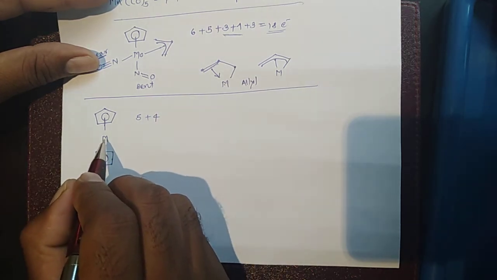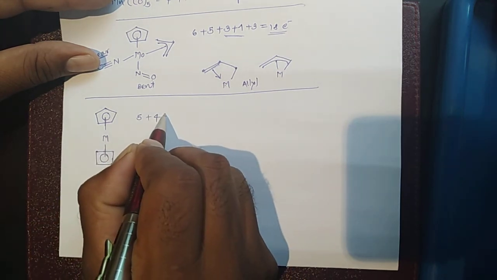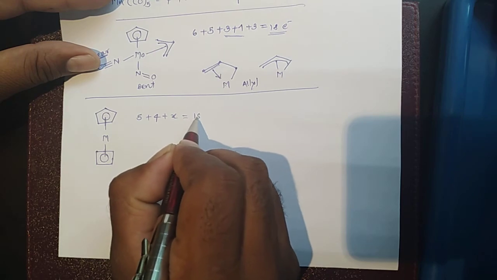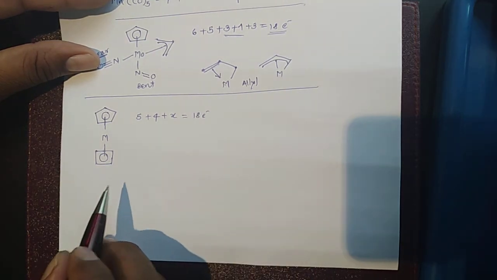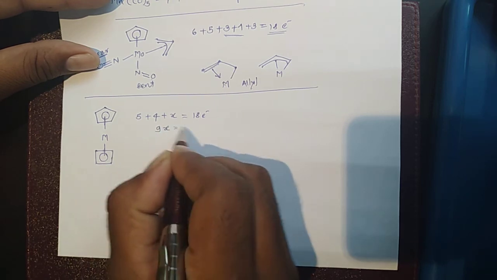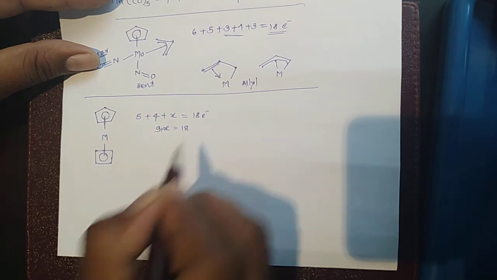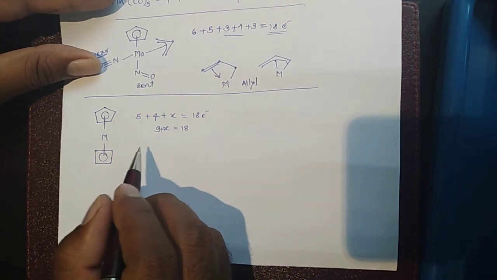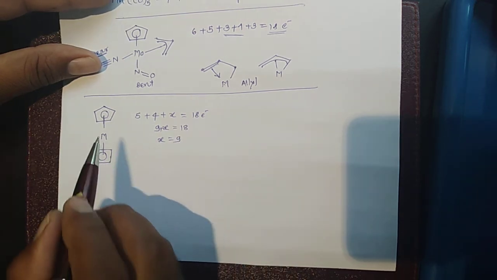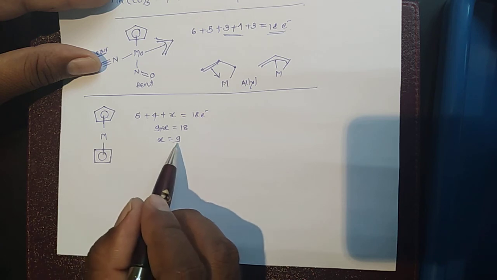Then how many electrons will the metal provide? We don't know, so we will write x, and the total electron count will be 18. So how will it be? 9 plus x is equal to 18.